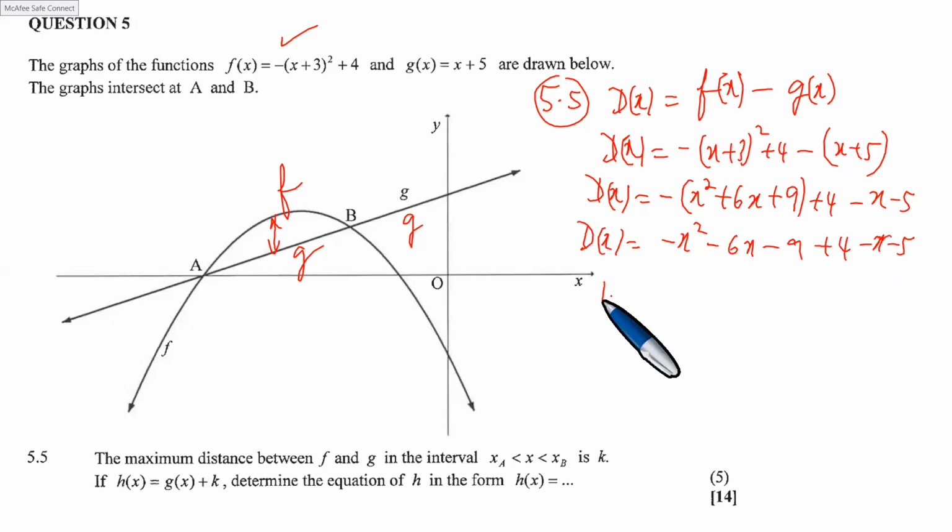So d of x equals minus x squared minus 7x, and then minus 9 plus 4 is minus 5, minus 5 is minus 10.